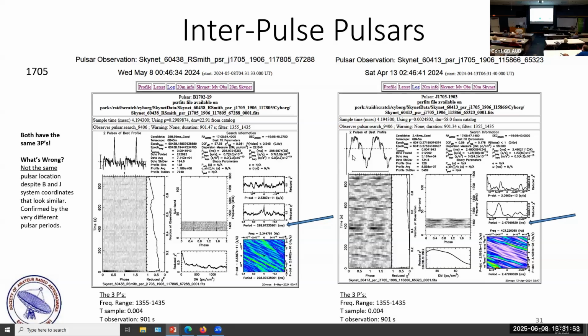So that's when I started looking at all the other items on the pulsars. They have different periods, and pulsars are not going to change their periods. Obviously, there are 2 different pulsars. You have different graphs. They're not the same pulsar. They just happen to be very close to each other.